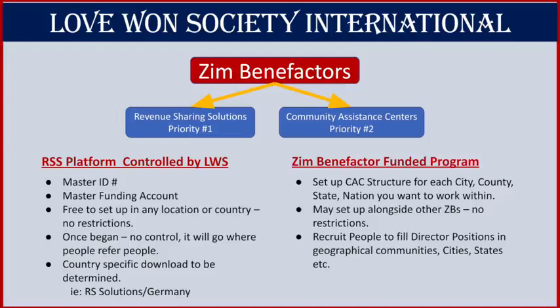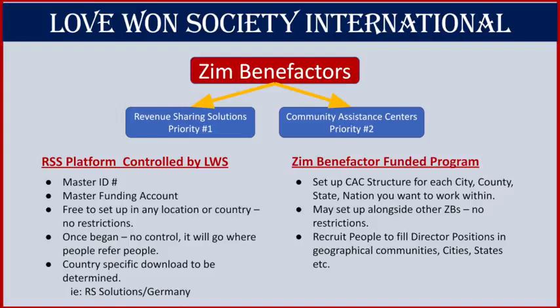Now, just the simple fact that we charge $10 to come in qualifies anybody to receive funds from the revenue sharing solutions. It's a solution for the sharing of funds to the world, to people, to individuals.